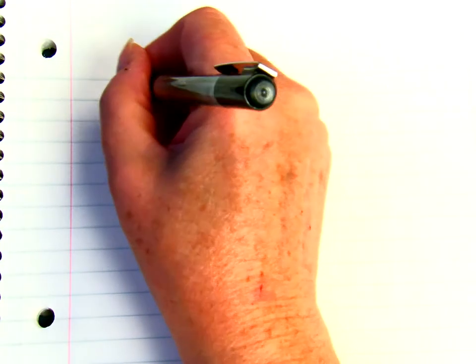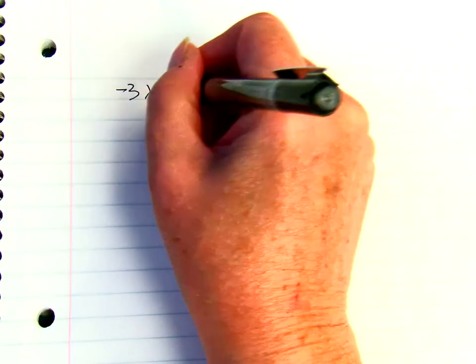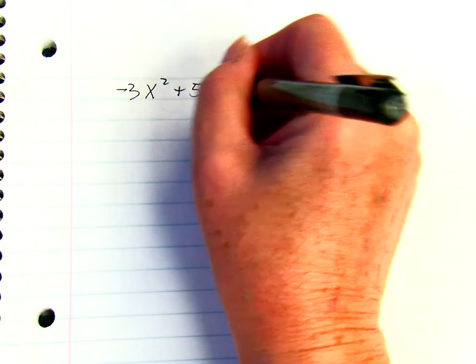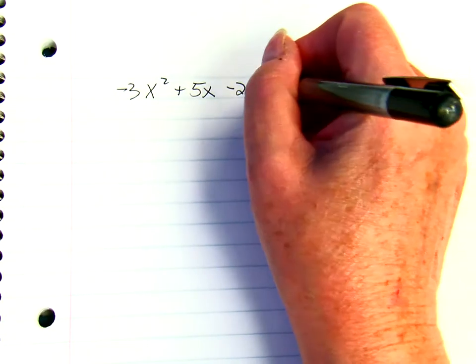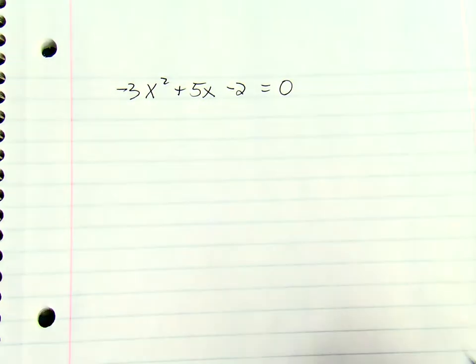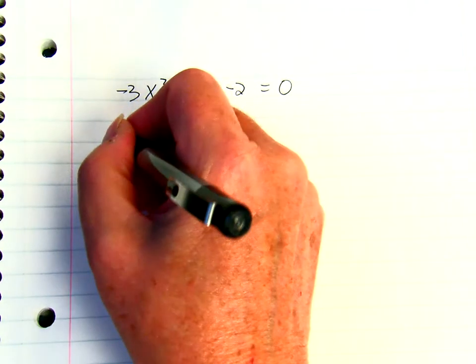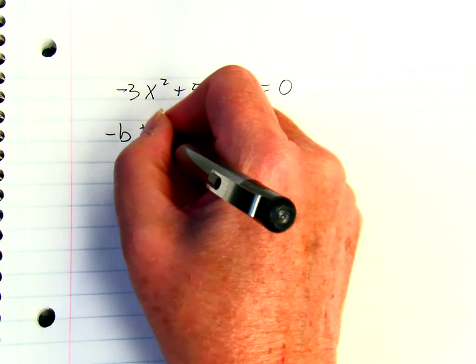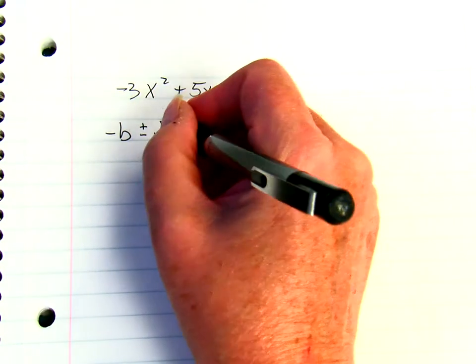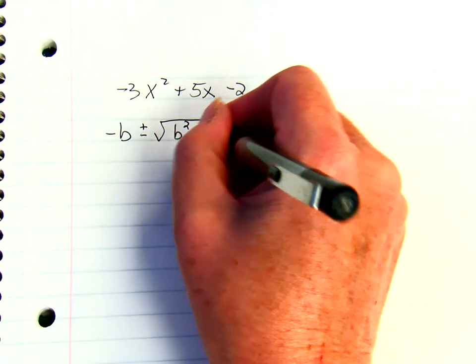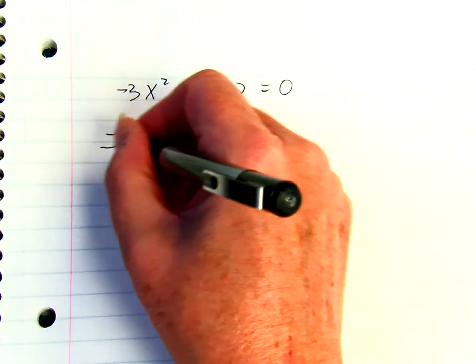Now let's look at something that might turn out a little uglier, just so that we are aware that this happens. Let's look at negative 3x squared plus 5x minus 2 equals 0. So negative b plus or minus the square root of b squared minus 4ac over 2a.